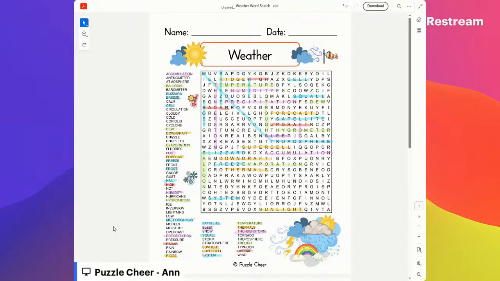And he says cloud is diagonal, starting with the C of cell, top right. Okay, so cloud. Very good. Thank you. C-L-O-U-D, cloud.